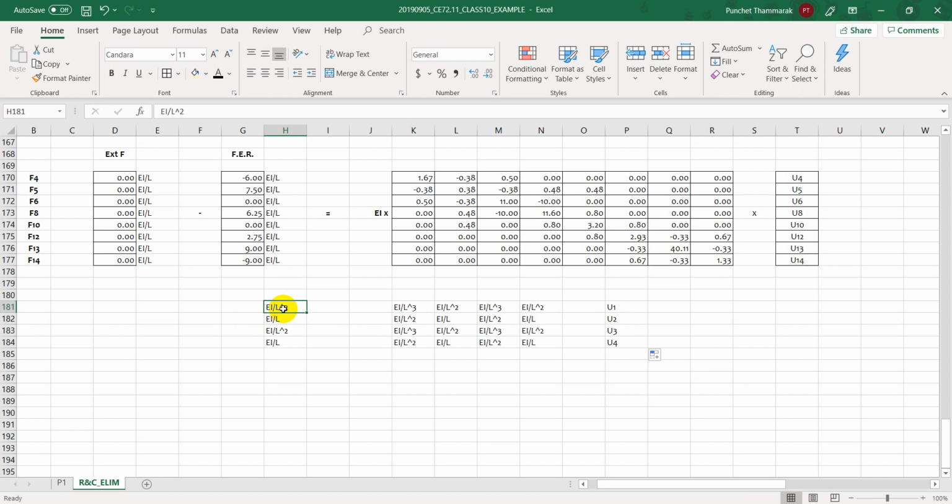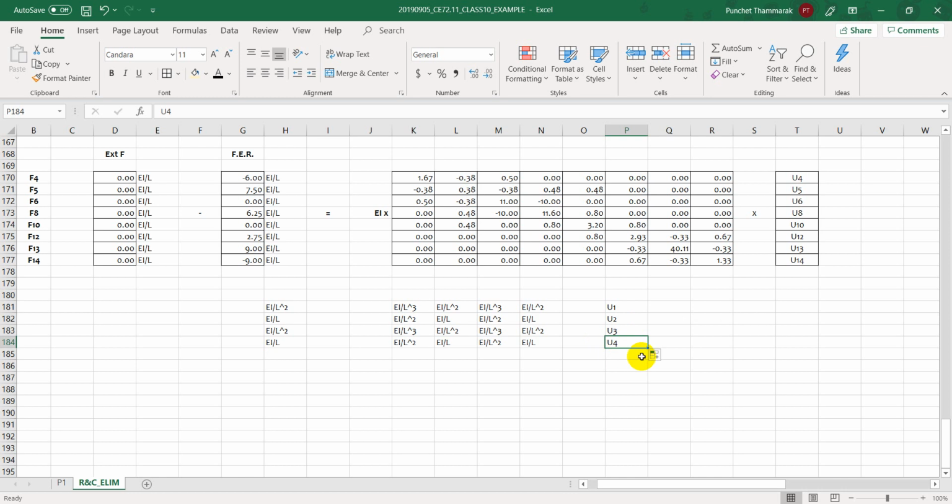Equilibrium of force, the unit is in EI over L square. The equilibrium of moment, the unit is EI over L. Okay. U1 is the displacement, it is in the length unit. U2 is dimensionless in the radian unit, it doesn't have the length scale. U3 has the length scale and U4 doesn't have a length scale, radian.